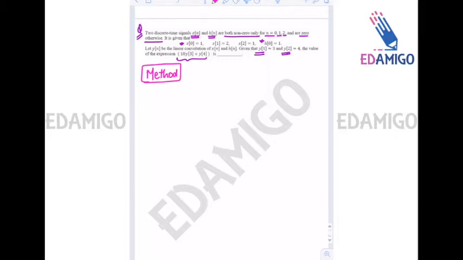As we know the formula, y[n] is equal to x[n] convolved with h[n], and the formula is the sum from minus infinity to infinity of x[m] h[n minus m]. Okay, so this is the formula, we all know that. Now let me tell you a method to solve the question.